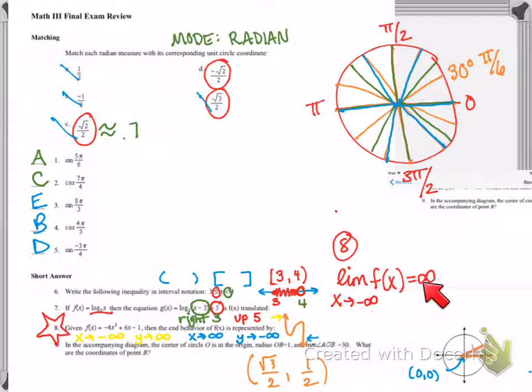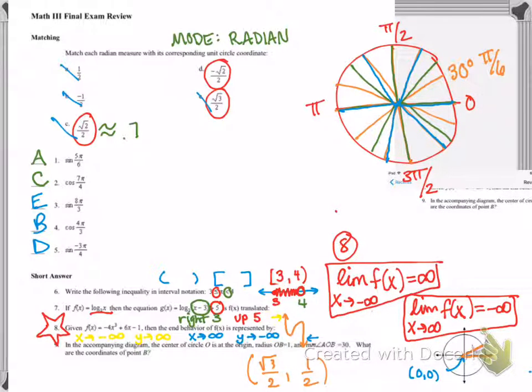Remember, f of x is just another way to write the y that we wrote down here. So as you may guess, the other end we would write as the limit as x approaches infinity for the function f of x equals negative infinity. So those are the two parts to the end behavior that you see in the answer key.